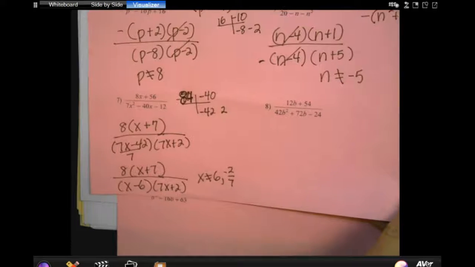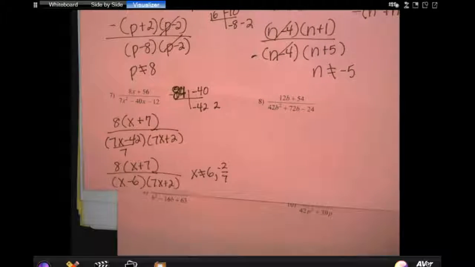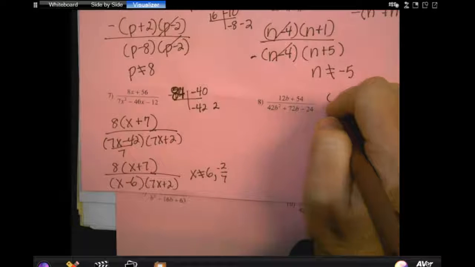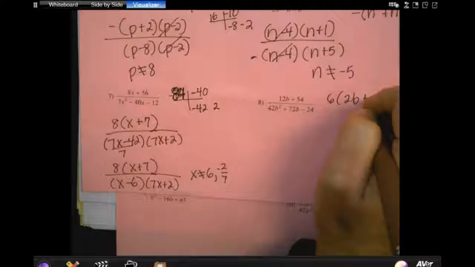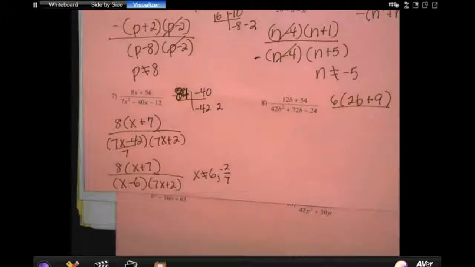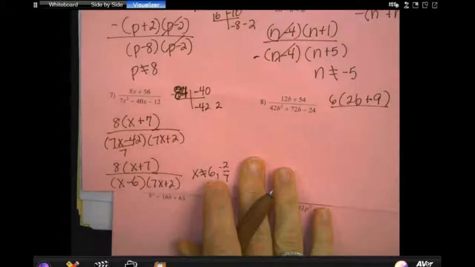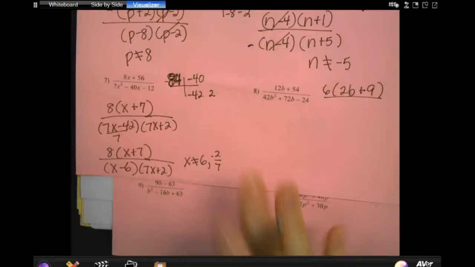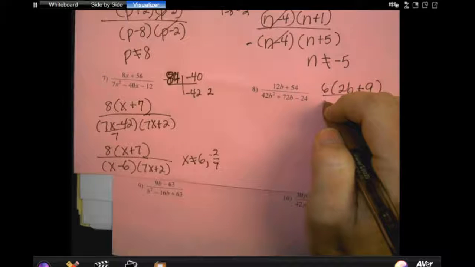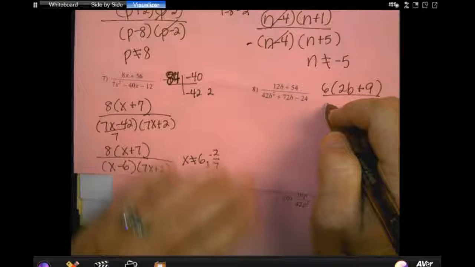What's in common on top? 6, and that gives me 2b plus 9. And what do I have in common on bottom? I think 6.